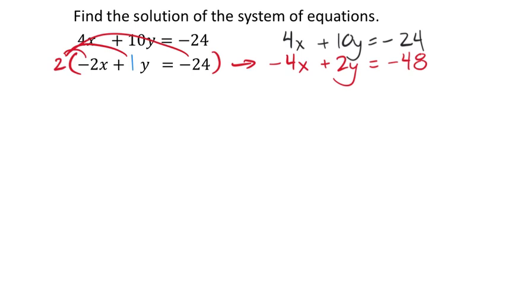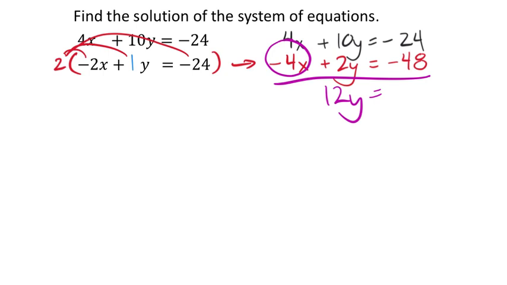And as we had planned, the coefficients of x's are now opposites, so I can eliminate those or zero them out. So 4x minus 4x, that'd be 0 x's, so I've zeroed that out as planned. The next one would be 10y's plus 2y's, so how many y's is that? 12, 12y's.